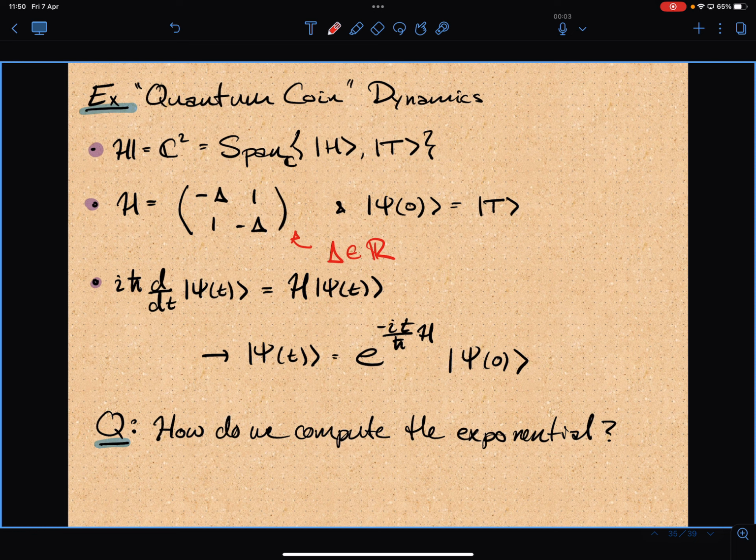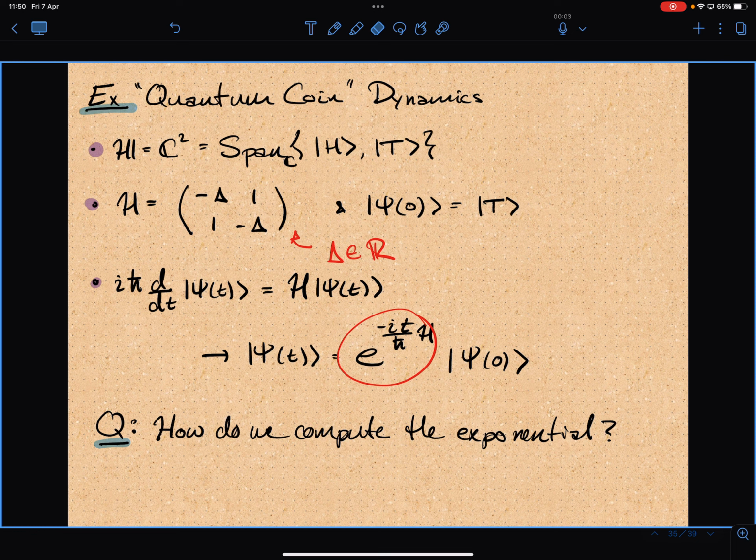And the question is, what's going to be the evolution of this quantum system? And really, it becomes a question of how do you actually even take the exponential of a matrix. So we'll discuss that, and we'll get into some of the properties of Hermitian matrices to do this.